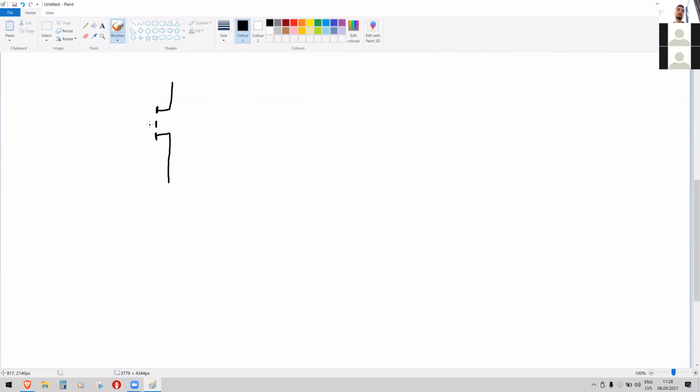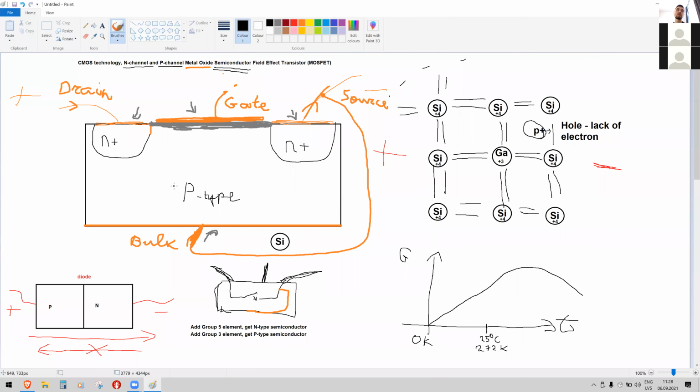From pockets, cables go out. We also have insulated gate, so it doesn't touch these parts. And bulk is connected to source. And then there's also a small arrow which shows which type of transistor it is. Is it a P or N channel?